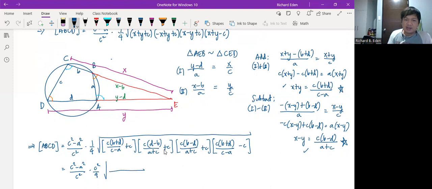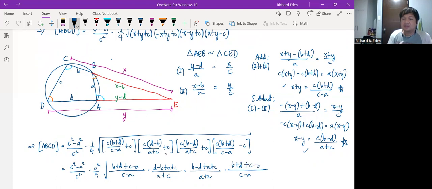So now we have c minus a, and then up here it's going to be b plus d plus c minus a. Second, we have a plus c, and then d minus b plus a plus c, and then third factor a plus c, and we have b minus d plus a plus c. Last factor, it's over c minus a, b plus d plus c minus a.